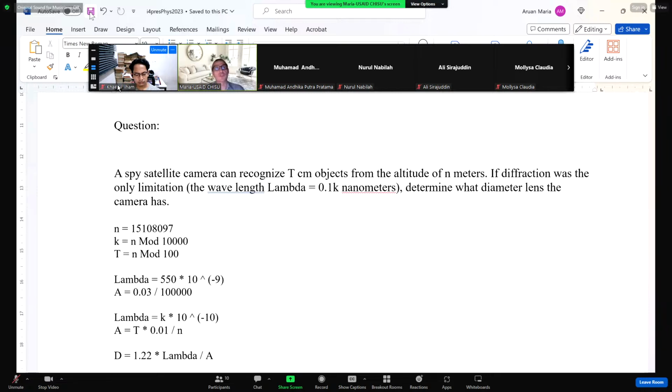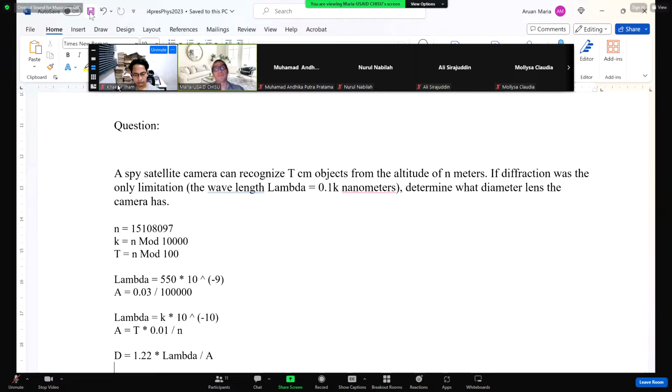So here is the question: a spy satellite camera can recognize T-centimeter objects from an altitude of N meters. N is your student number, so it's like 22 million meters, right? If diffraction was the only limitation, determine what diameter lens the camera has, okay?